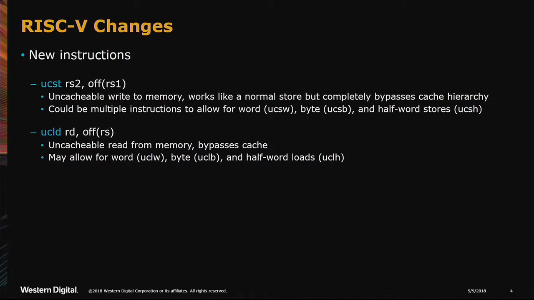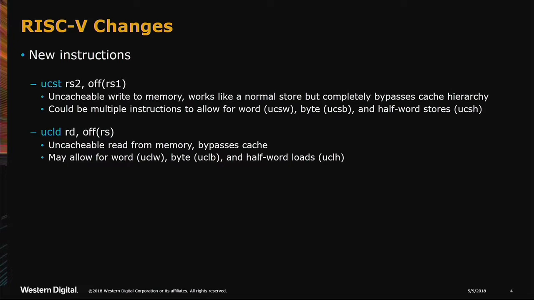So some new instructions that I propose are fairly straightforward. I call these two UCST, which is uncacheable store, and UCLD, uncacheable load. They look similar to standard store and load instructions with their source registers and offsets.